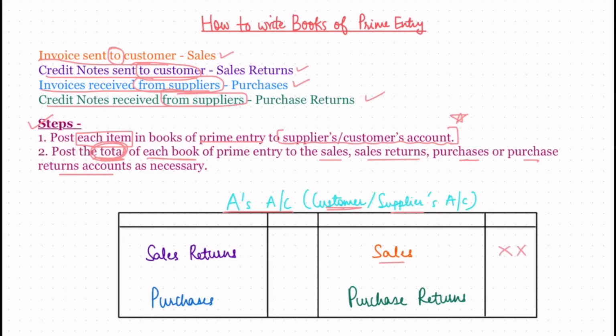Then sales returns, the opposite of it, therefore on the debit side, the total of it. Purchases has a debit balance because of the nominal rule, and so is posted on the debit side of the ledger, the total. And purchase returns, the opposite of it, on the credit side.